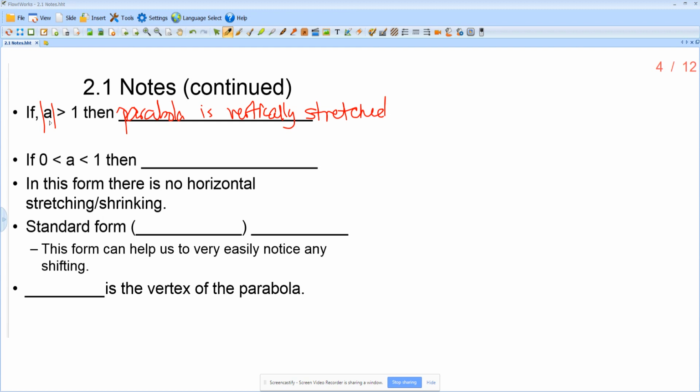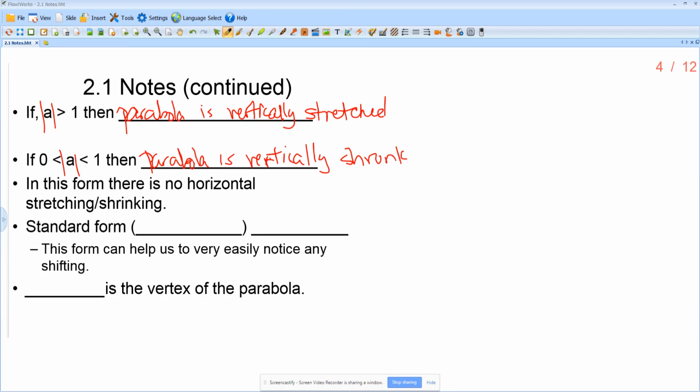So if I have an a value like 7x squared, that's a vertical stretch. If the absolute value of a is between 0 and 1, then the parabola is vertically shrunk.